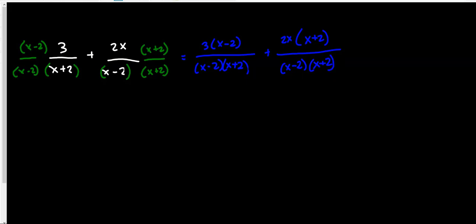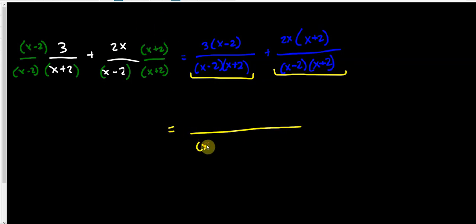And yippee, if you look at the bottom, these are identical. Yay! So I can go ahead and do this addition. I know that the denominator will not change. It'll be x plus 2 and x minus 2, just like it is in both of these. Order doesn't matter with those.